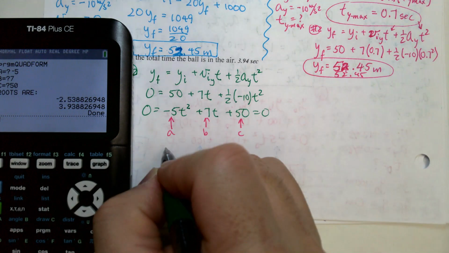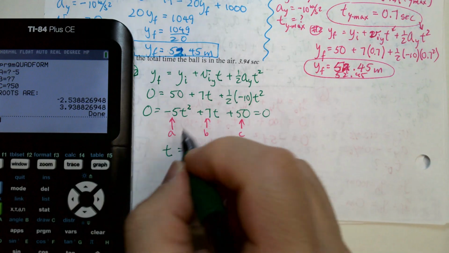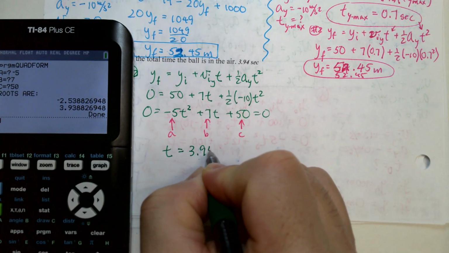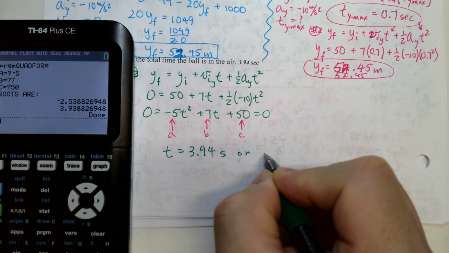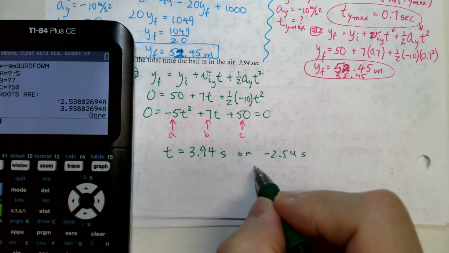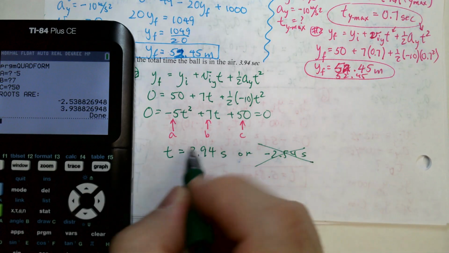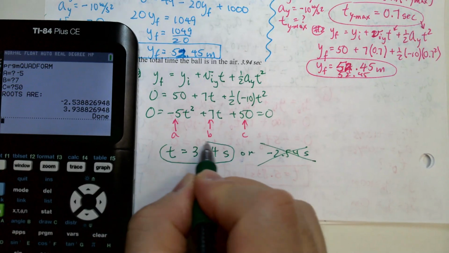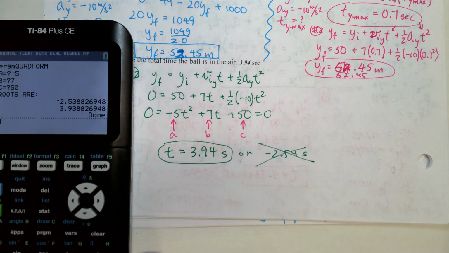Boom! Your time is equal to 3.94 seconds or negative 2.54 seconds. Obviously, you cannot have negative time. That's an extraneous solution, so the positive time will be the correct answer.